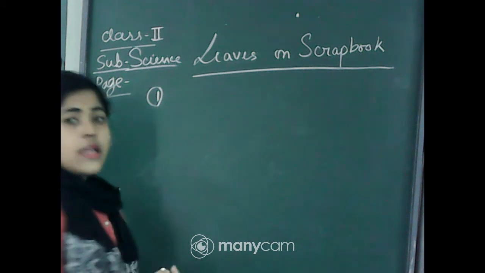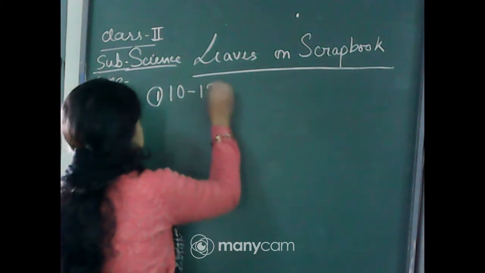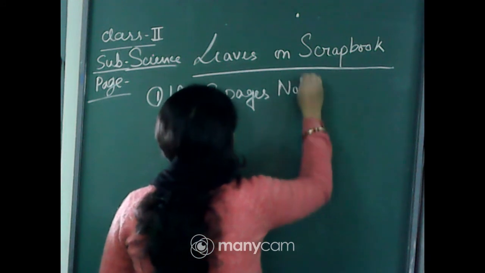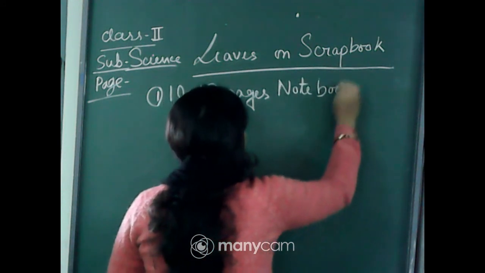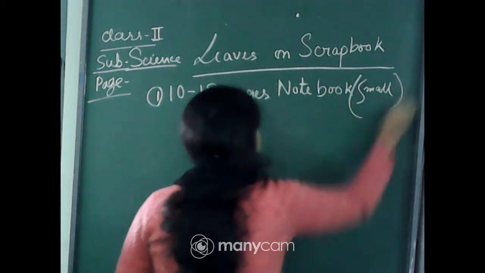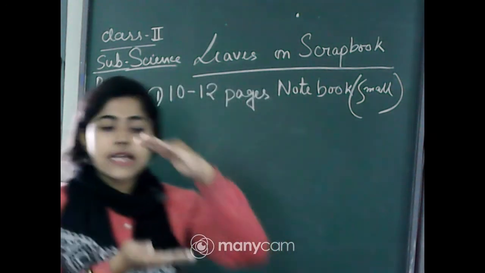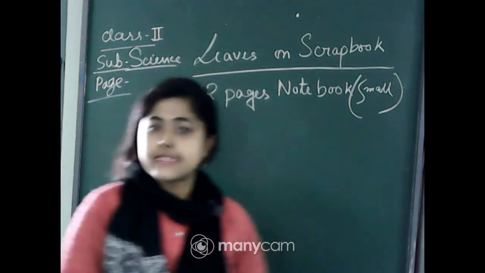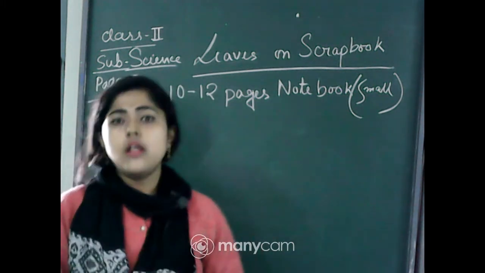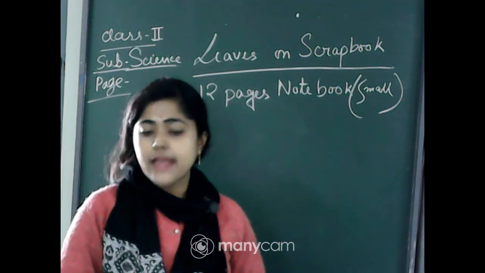You have to take a notebook of 10 to 12 pages, a notebook or copy book, and that may be small in size, because if you take a small size copy book, you can carry it easily. That's why I suggest you take a small notebook which has 10 to 12 pages.